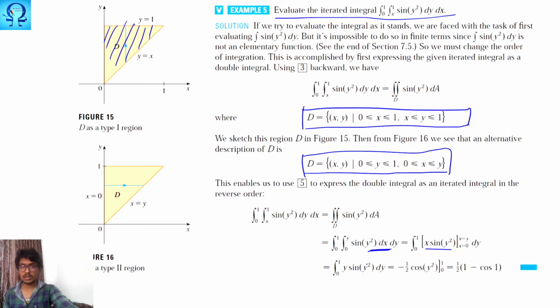So it is going to be y times sine y squared minus 0. Right? So if you take y squared to be some function t, then 2y dy would be dt.